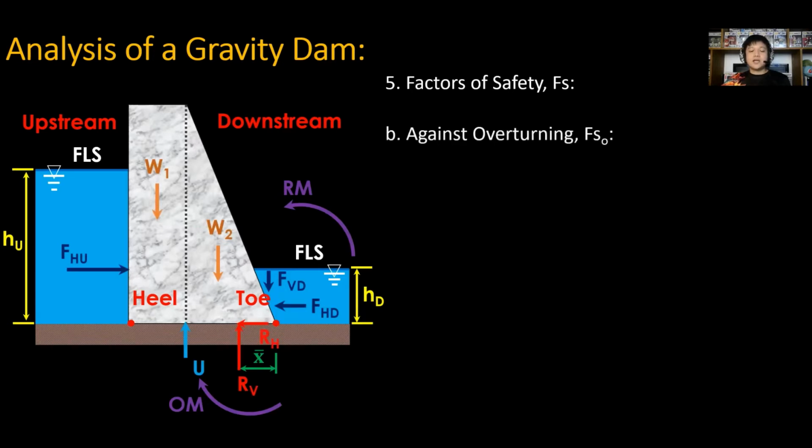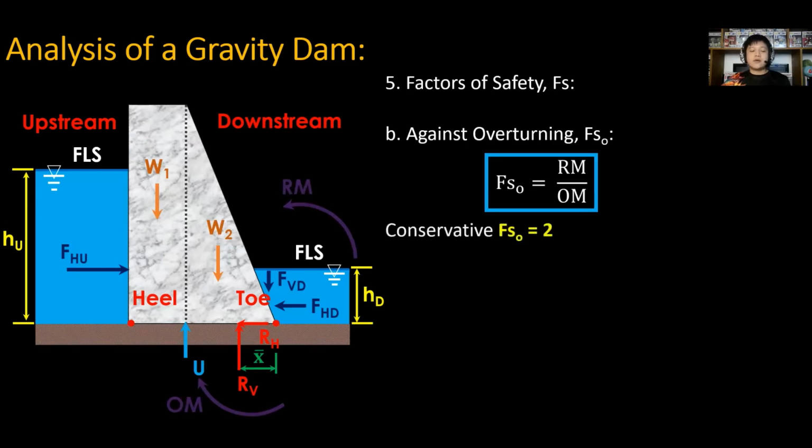Next factor of safety is for overturning, or Fs sub O. Fs sub O is equal to the resisting moment for rotation, or RM, for the numerator, and cause of rotation, the overturning moment, OM, for the denominator.